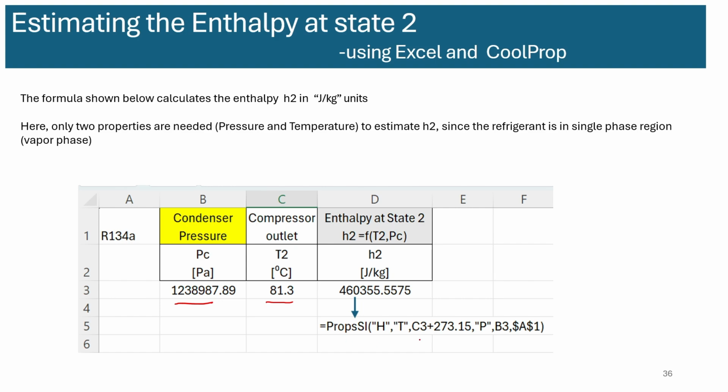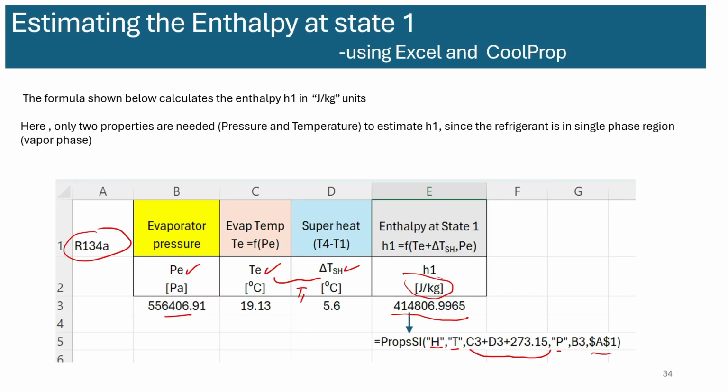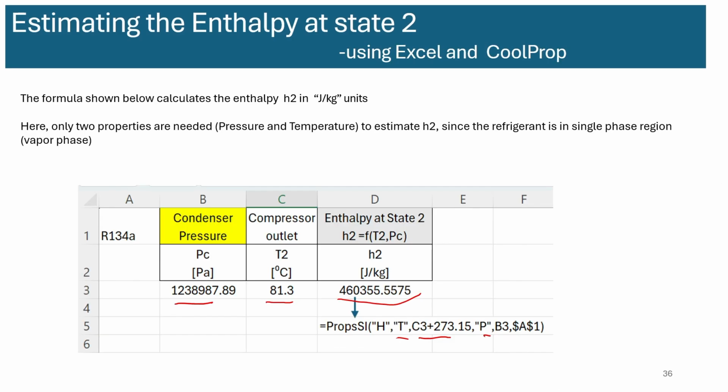Use the formula like this, temperature and pressure. Convert the temperature to Kelvin, and you will get the enthalpy at state 2. Notice that the enthalpy at state 2 is going to be higher than the enthalpy at state 1. This is 414,000, and the other one is 460,000.